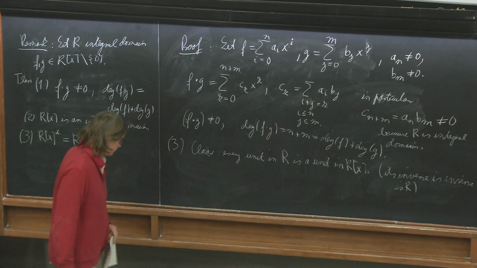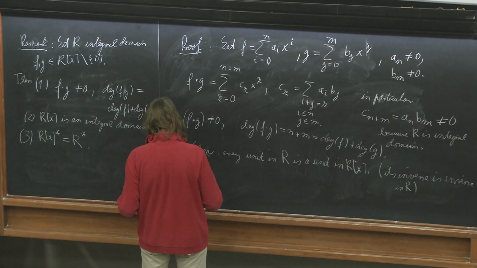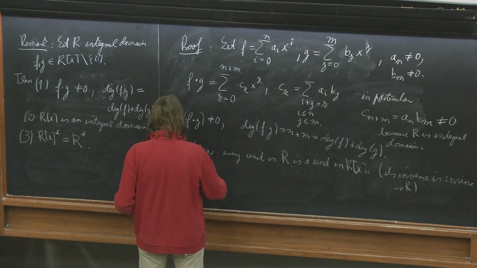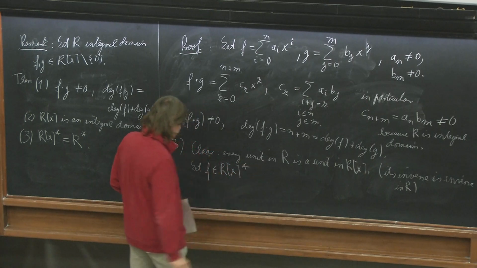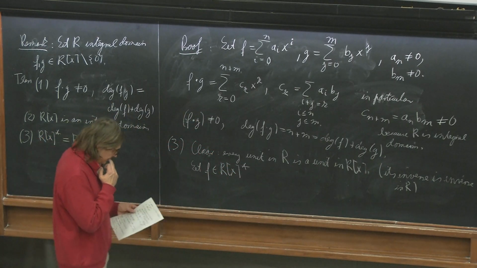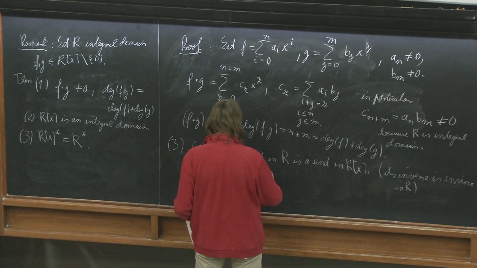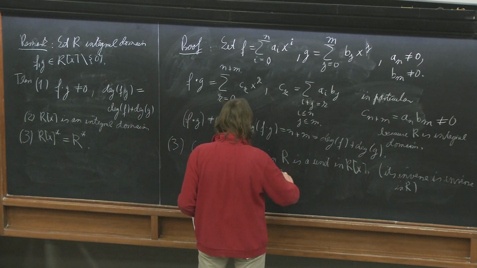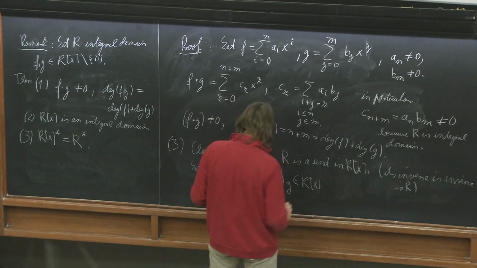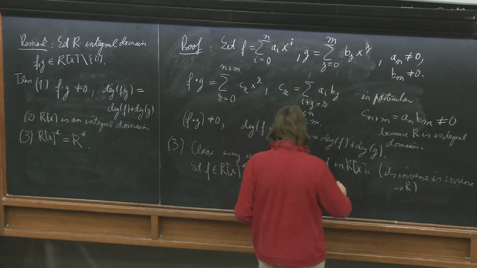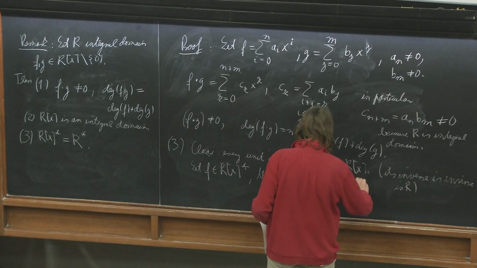Now, conversely, let f be a unit in R[x]. Then it means it has an inverse. Thus there is an element g in R[x] such that f times g equals 1.